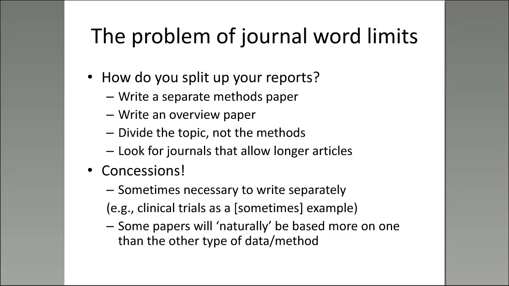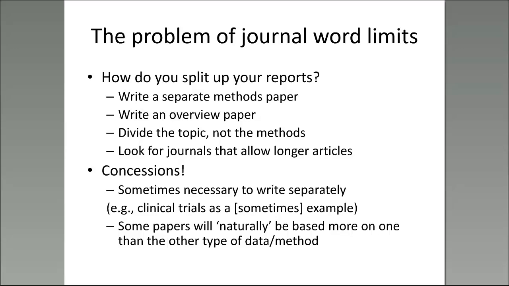What are the elements in the topic? What bits can you kind of hive off into a separate article? Which bits are worth writing about, which aspects of the topic can you write about, rather than deciding which particular method you'll write up.